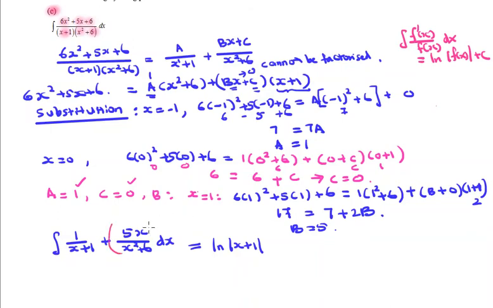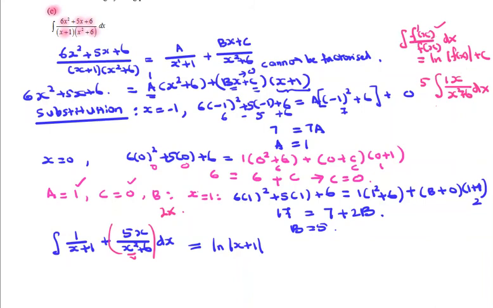This fraction is in the form of f prime over f, but the problem is that differentiating x squared gives 2x. So first we pull out 5, then we have 5 times the integral of x divided by x squared plus 6 dx. We are going to modify this fraction into f prime over f.